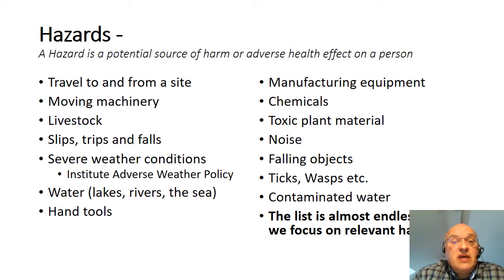And that has to be managed in a safe way, of course. On the site, there could be moving machinery, big tractors, trucks, forklifts, and so on. There could be livestock, cattle, bulls, and so on. There are the usual standard slips, trips, and falls.